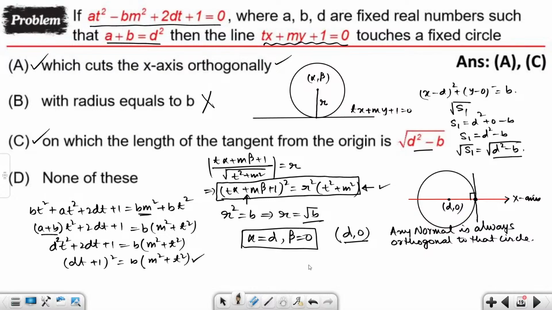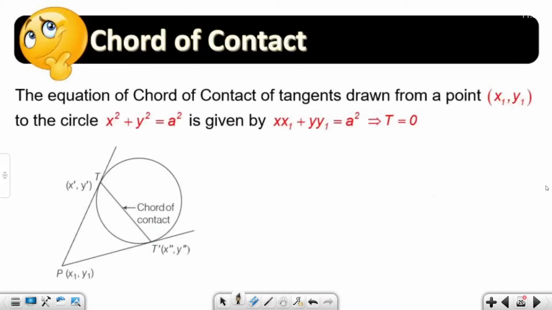Okay, let us now move on to the next one. Now we are coming to a new concept which is called the chord of contact. What do we mean by chord of contact? Suppose a circle is given to us and there is a point outside this circle, which is (x1, y1).